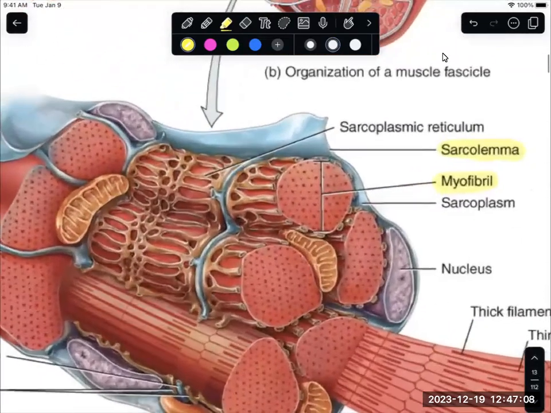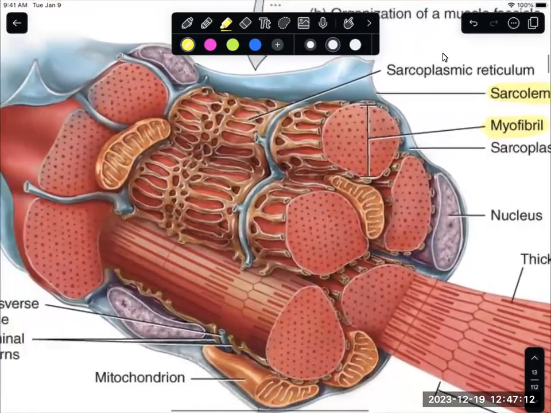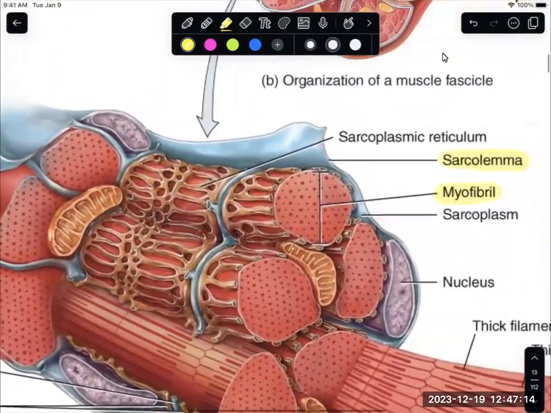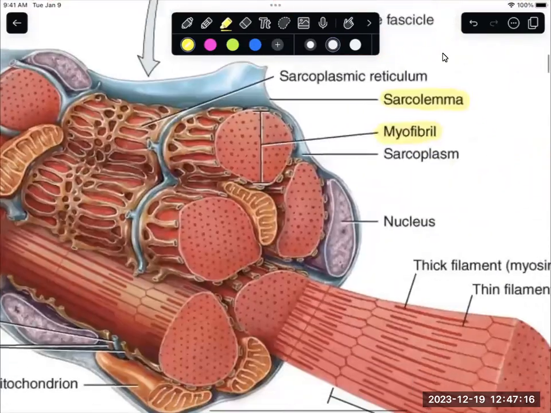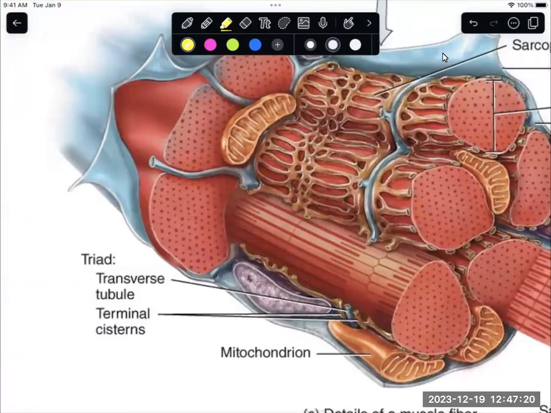And then we get down to these T-tubules. These T-tubules aren't labeled. I was looking for one that was labeled. There it is. This is a transverse tubule. T-tubules are these transverse tubules, and they back up to these terminal cisterns. So the T-tubule is this blue portion.